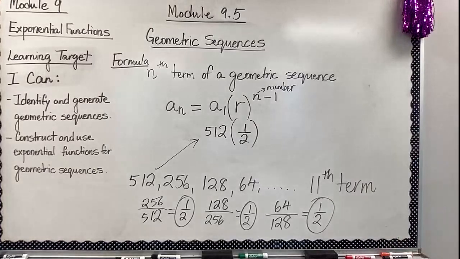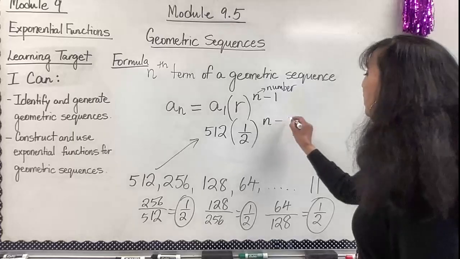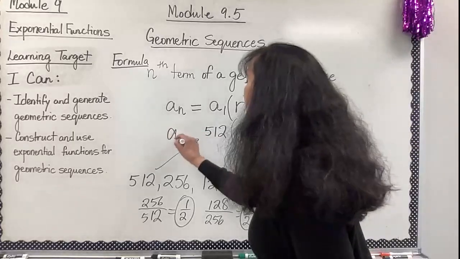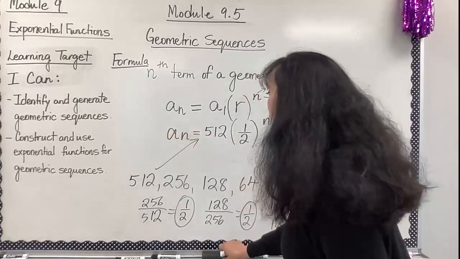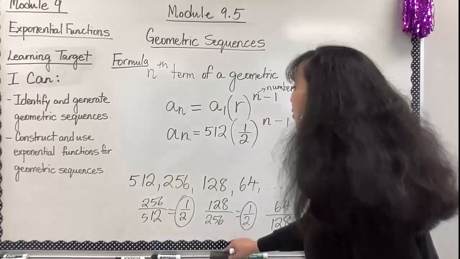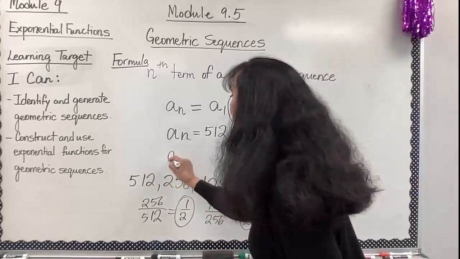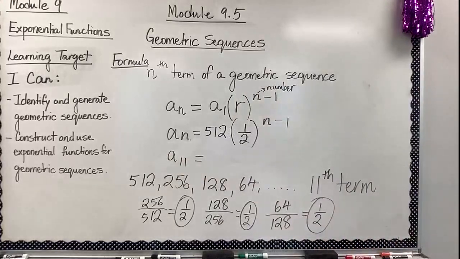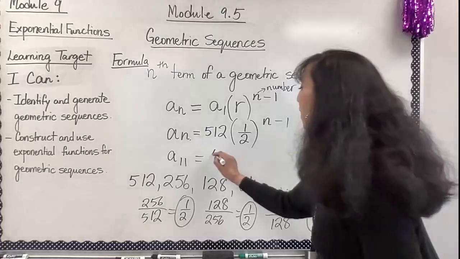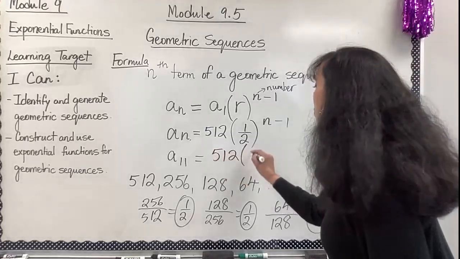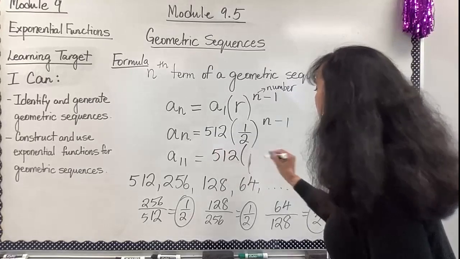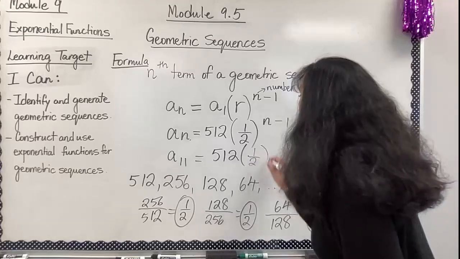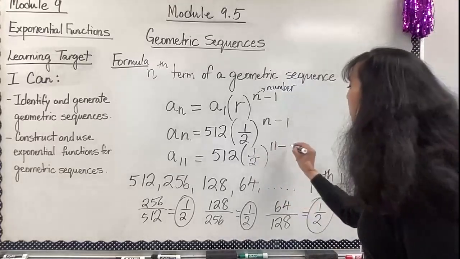We are trying to find our 11th term, so we are going to write it out as a to the nth term. To find the 11th term, I am doing 512 times 1/2 raised to the 11 minus 1.